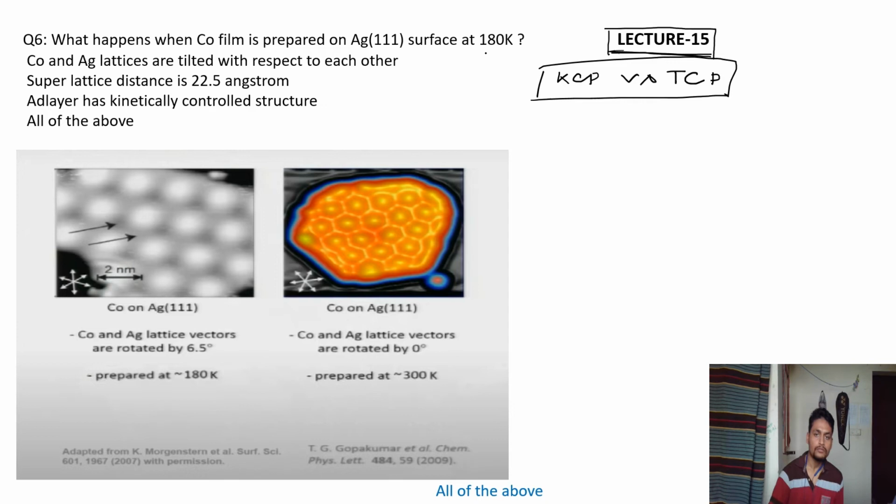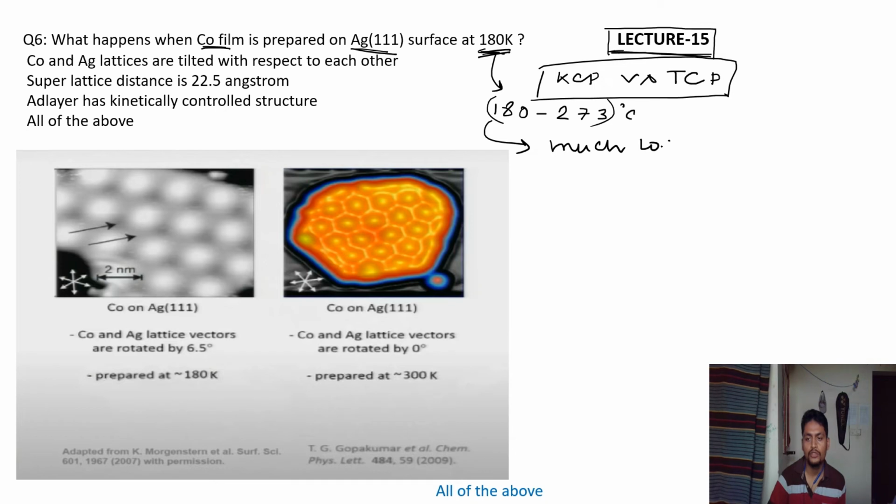Now this is 180 Kelvin. Just go one by one. What happens when a CO film is prepared on an Ag(111) surface at 180 Kelvin? Okay, so 180 Kelvin, we all know, is much lower than room temperature, right?